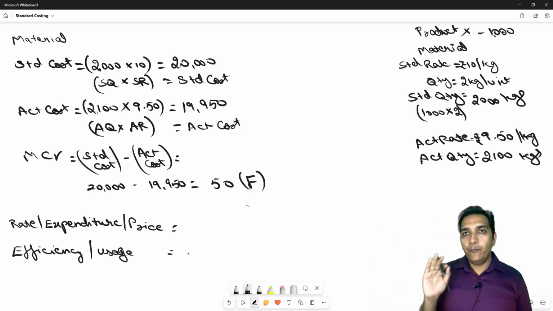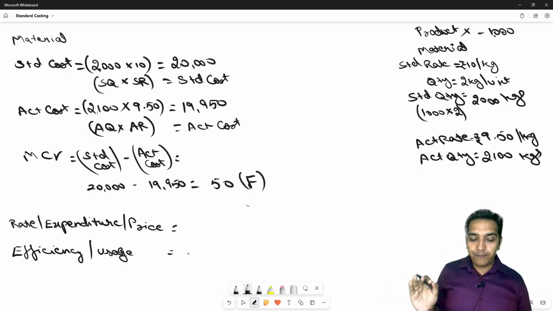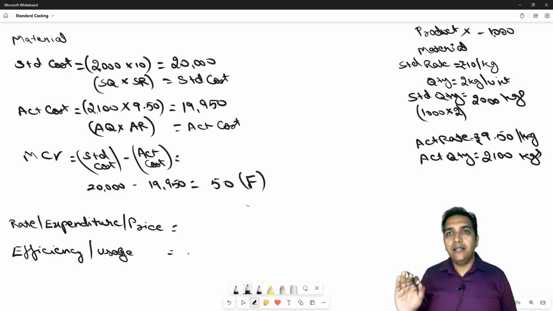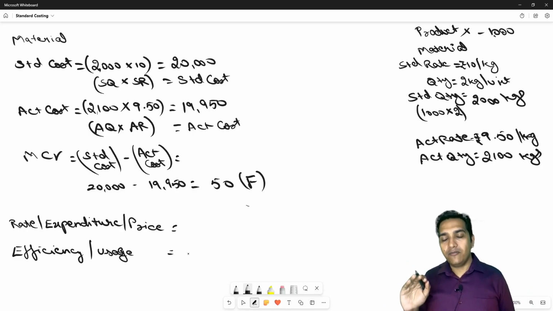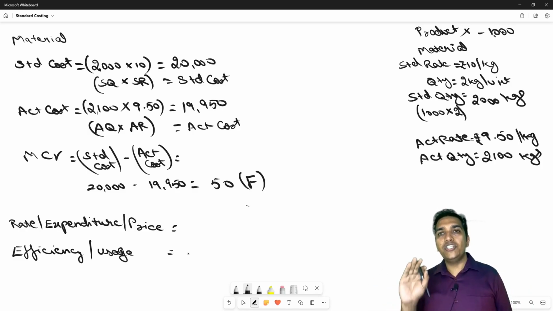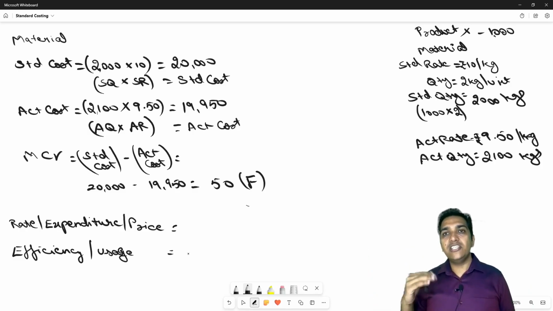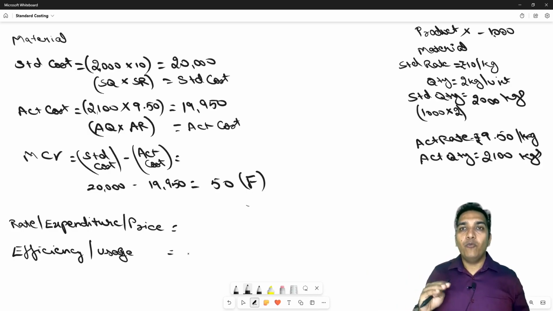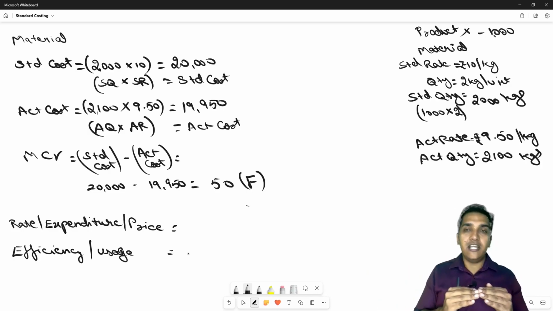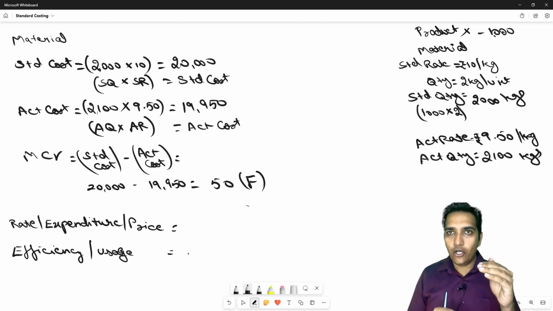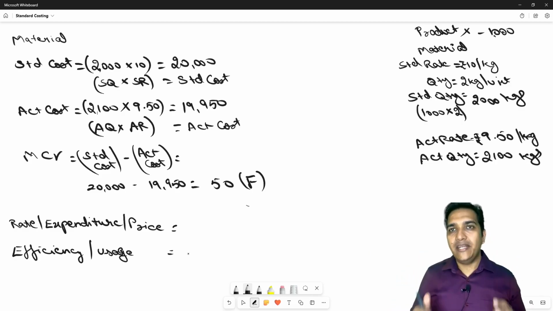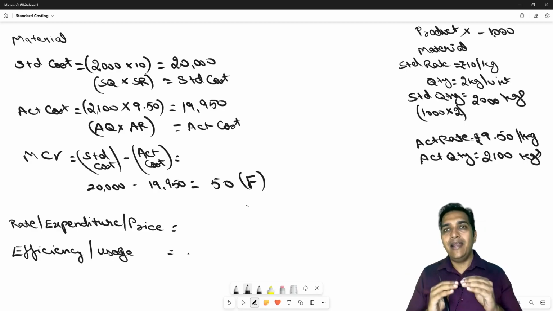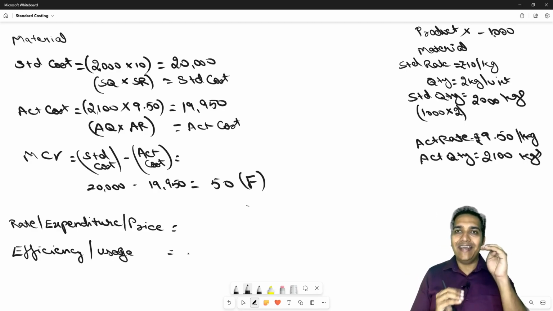The concept behind this is how much of the variance is due to a change in price. When I say change in price, that is the change of price from my standard cost to my actual cost. So in our example, we had a standard price of 10 rupees per kg.